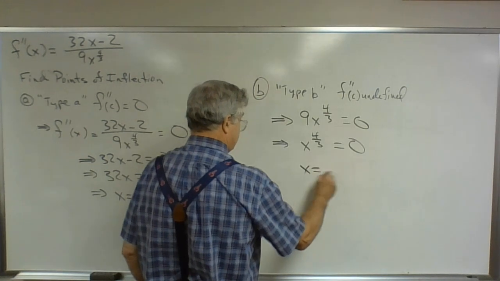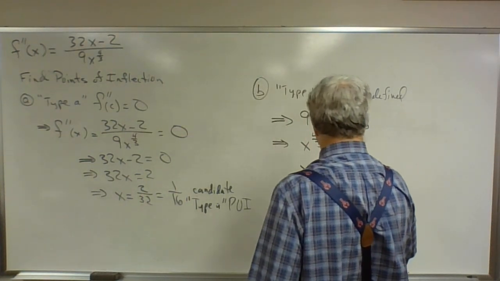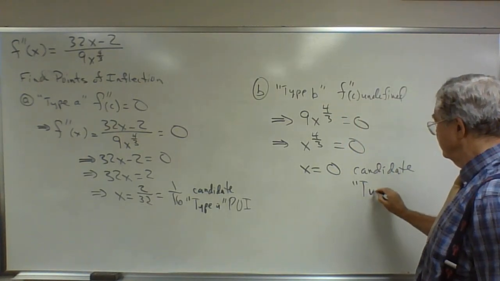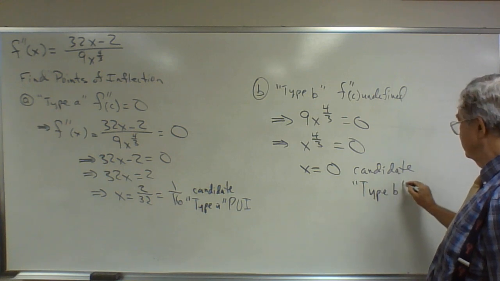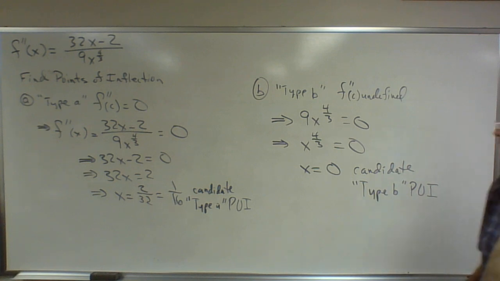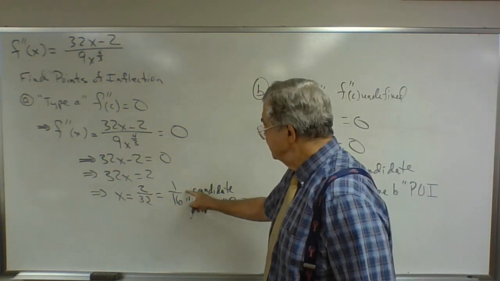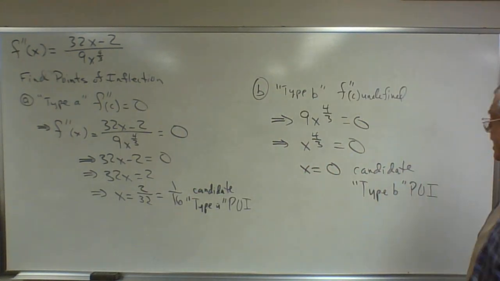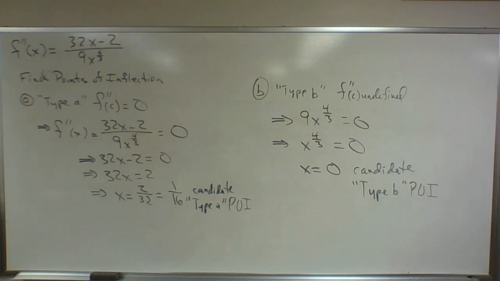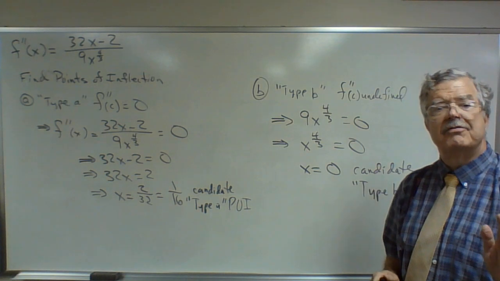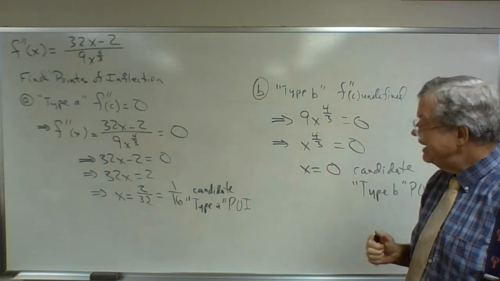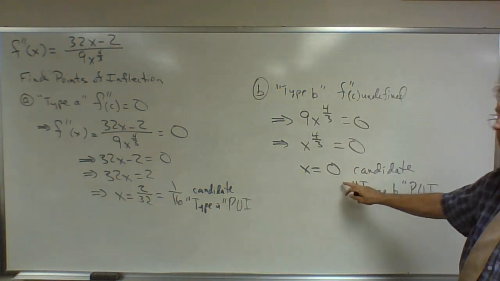Gotta be 0. So 1/16 and x equals 0 are candidates for points of inflection. We won't really know for sure until we check and see whether the concavity changes at these x values.